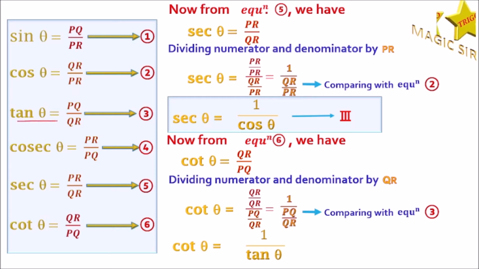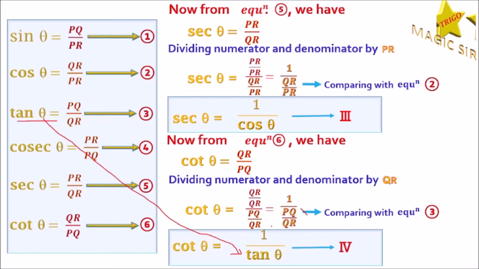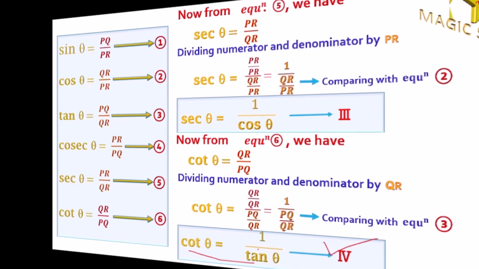So we can put PQ upon QR is equal to tan theta. So cot theta equal to 1 upon tan theta. This is our fourth relation. Here we can see that cot theta is the reciprocal of tan theta.